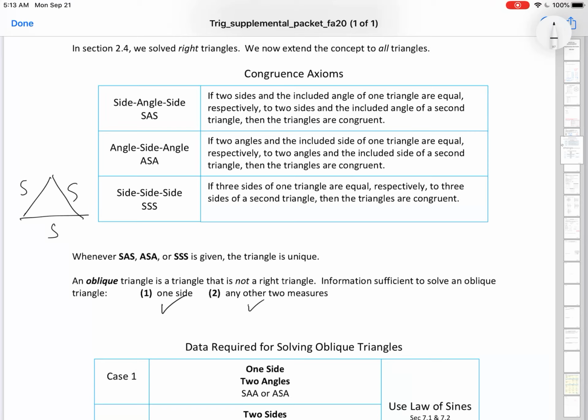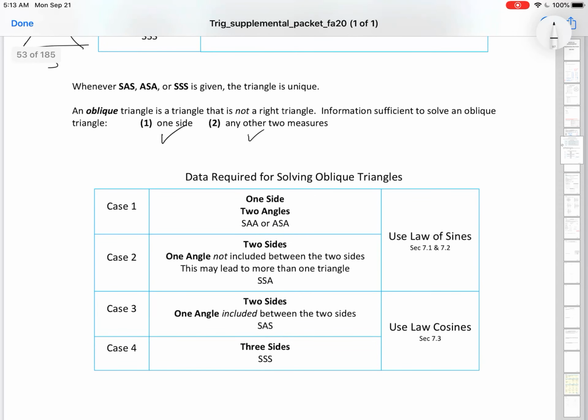And so here's what happens. The data required for solving a triangle, right? Before, with the right triangle, I needed to know like two sides or a couple of angles or something like that. Here I got to know a little bit more. And so the data required for solving an oblique triangle: side angle angle or angle side angle.